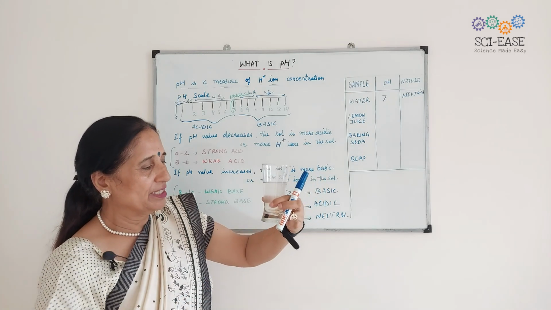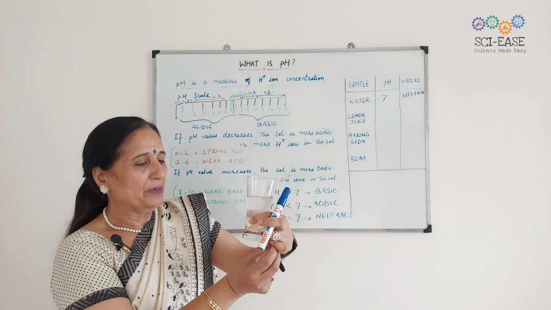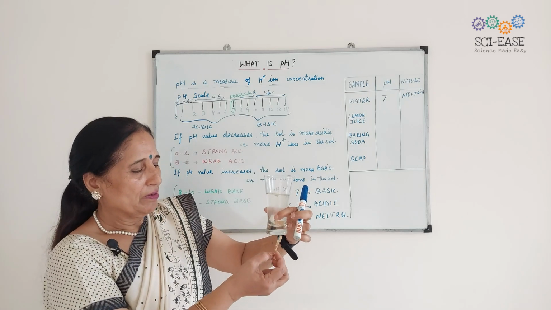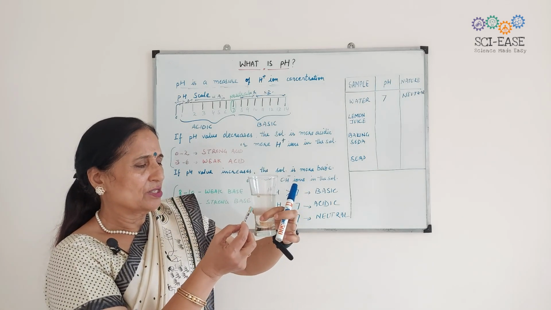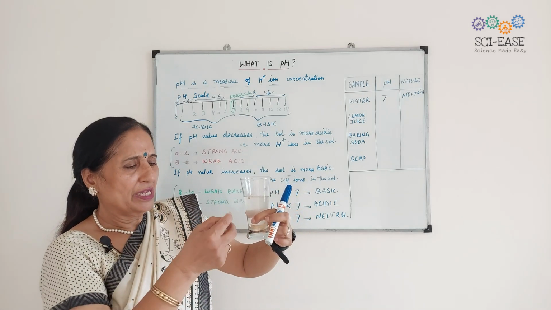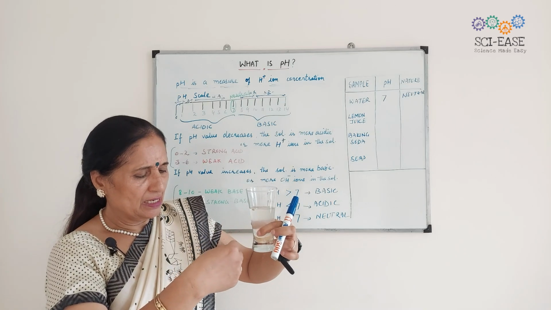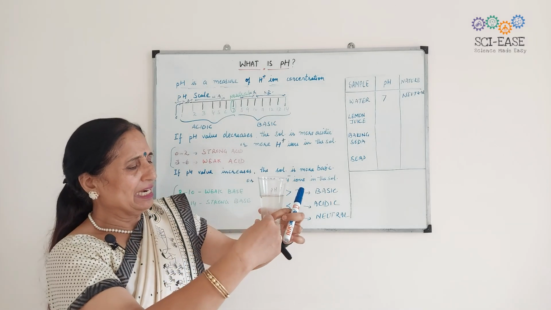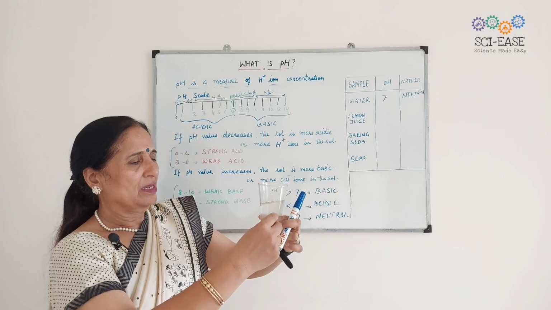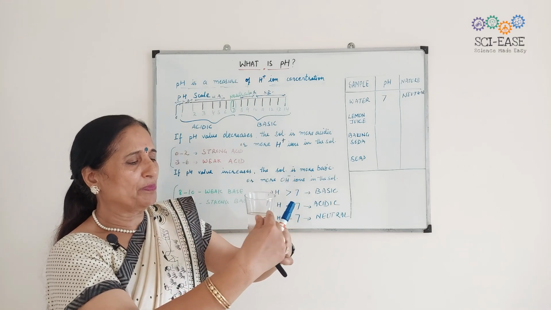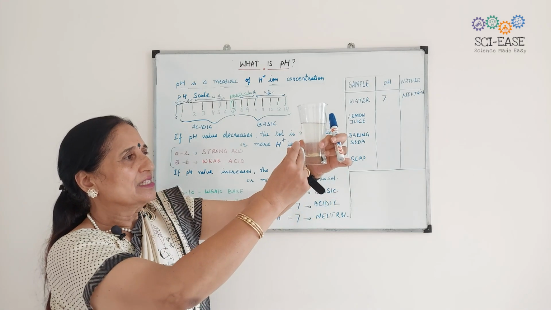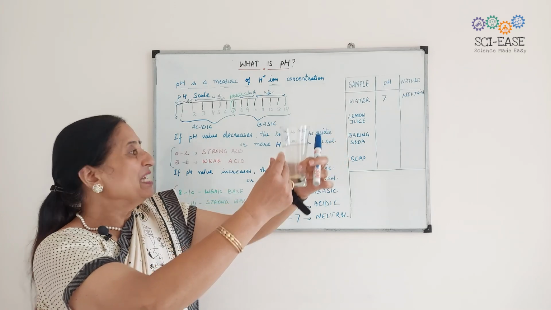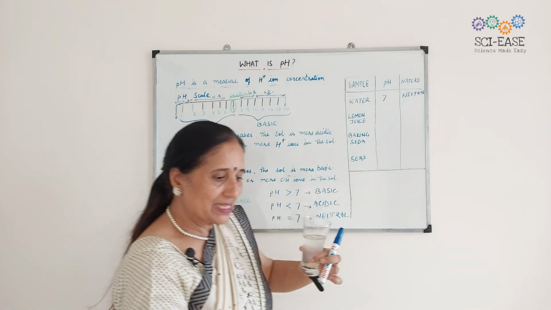So we will match it with the pH paper. It is approximately 6 pH. Means this is a weak acid.